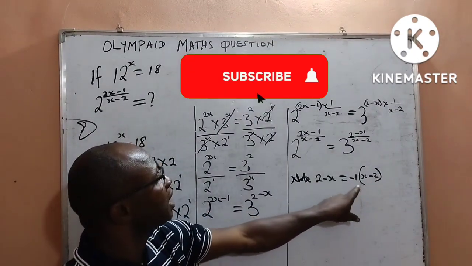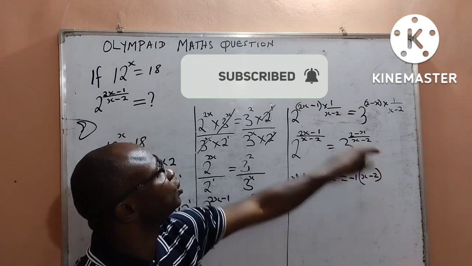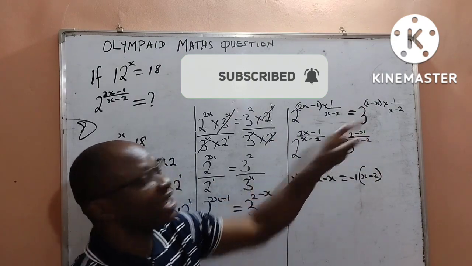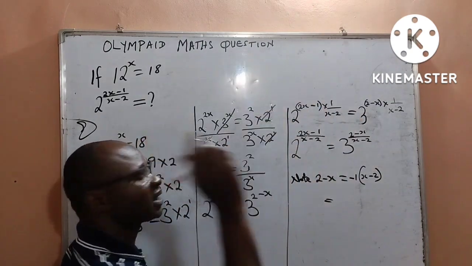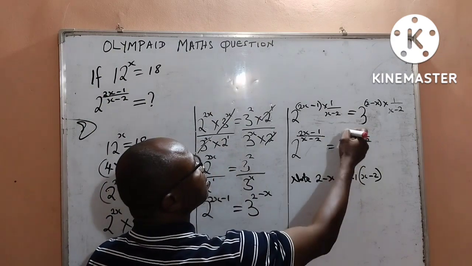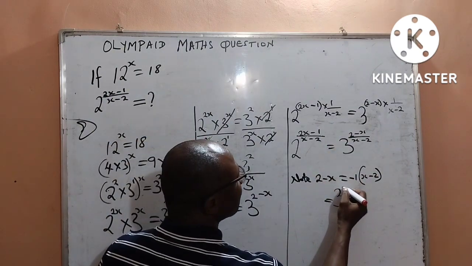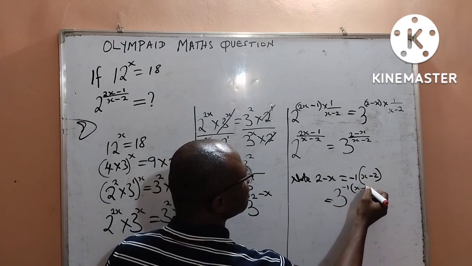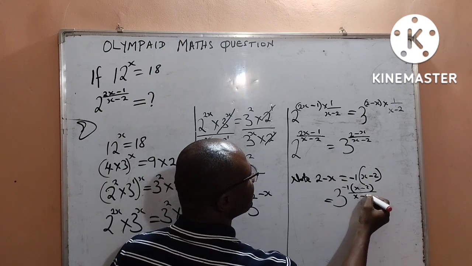What I will now do, I'll use minus 1 into bracket x minus 2 to replace this 2 minus x. So from the right hand side, I will now write 3 raised to the power, instead of writing this, I will now write this minus 1 into x minus 2. And at the denominator, I have x minus 2.